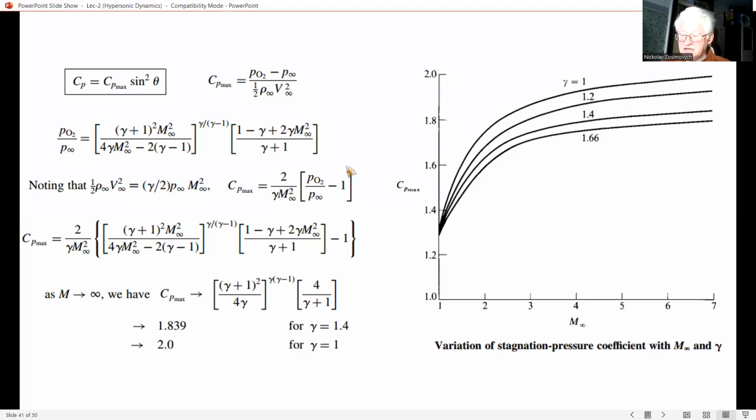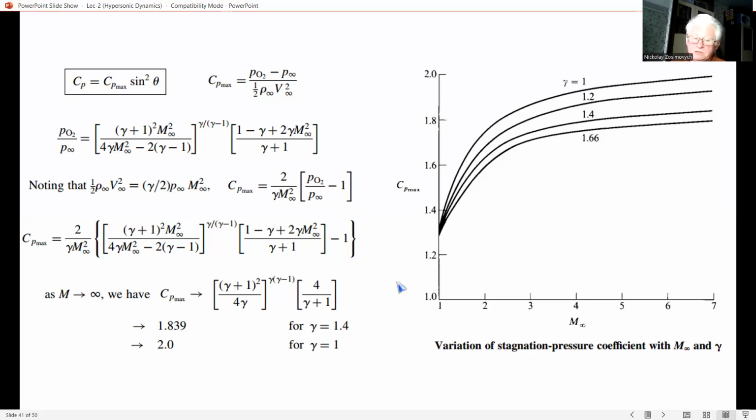Combining these last two equations, we obtain an expression for Cp max in a large formula. This relation is plotted in the figure on the right.